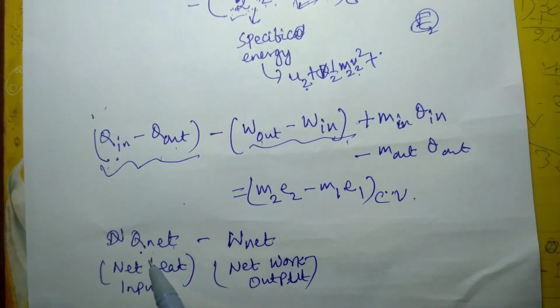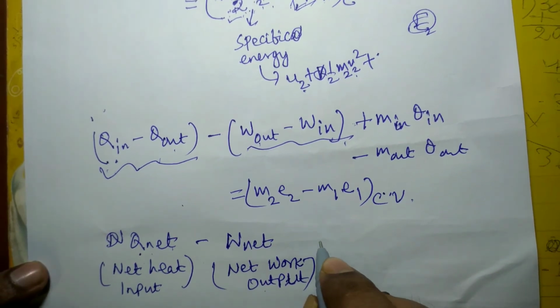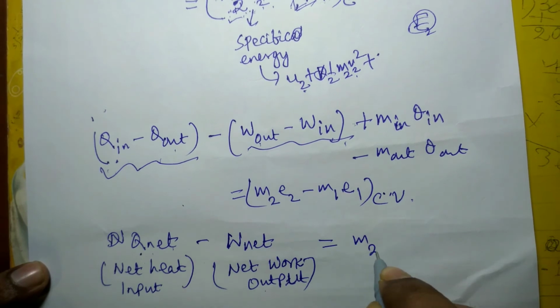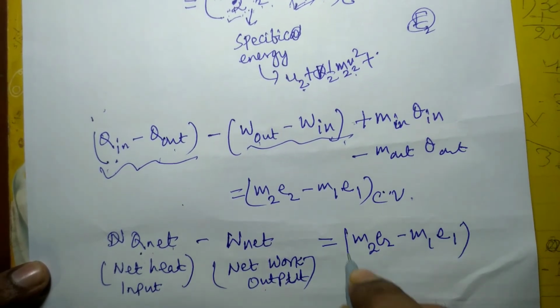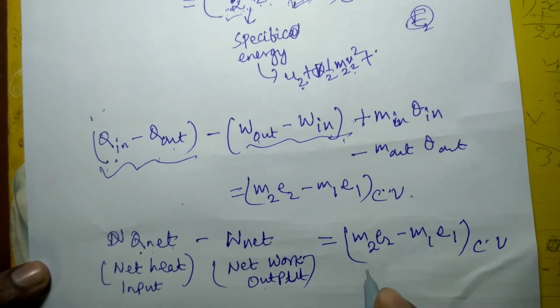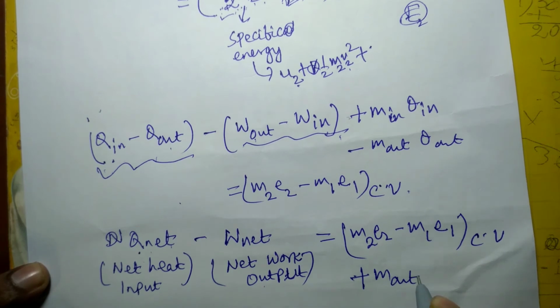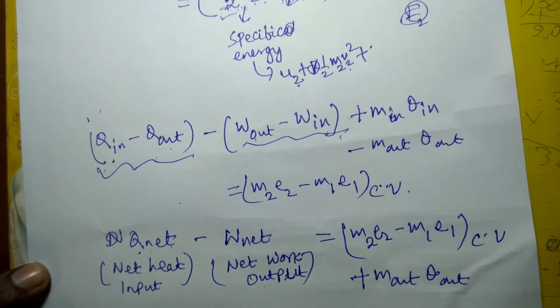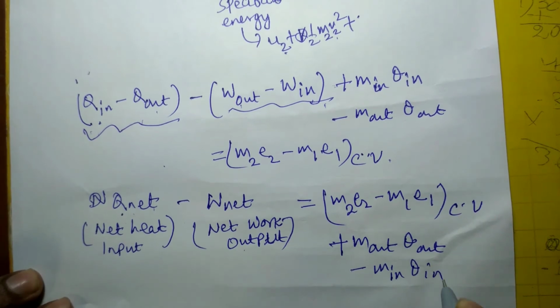So we will find out that Q net. Accordingly, we will find out the W net, net work output, is equal to M2 E2 minus M1 E1 of control volume plus M out θ out minus M in θ in.